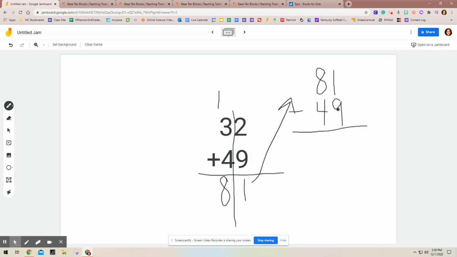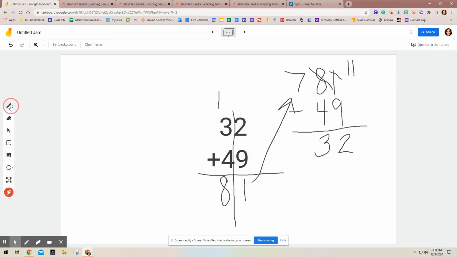Well, I can't take 9 from 1 because I've got more on the floor. I got to go next door. So now my 8 becomes a 7 because I'm borrowing that 10. And my 1 becomes an 11 because I'm adding the 10 now to the ones. So now 11 minus 9 gets me 2. 7 minus 4 gets me 3. So it all checks out. 81, 49, 32.